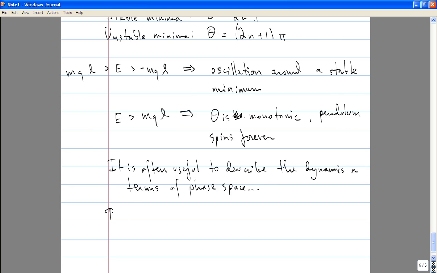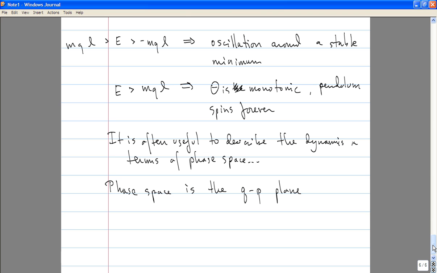Phase space is the Q P plane. If we have a dynamical variable Q and its conjugate momentum P, then we can think of the plane formed by Q and P. So in the example of the pendulum, this would be the plane theta and the momentum conjugate to theta, which is m L squared theta dot.